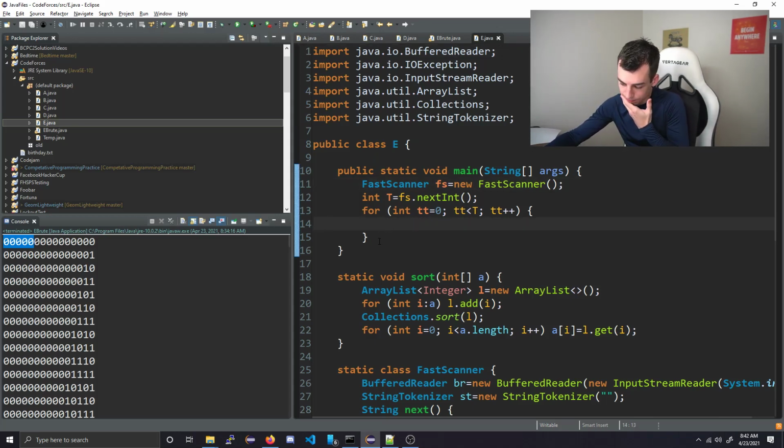Okay, so let's say we ignore the first two. If we ignore that and the last two, then everything we have is a bunch of zeros, some 0, 1, or some 1 zeros, and then a bunch of 1s.